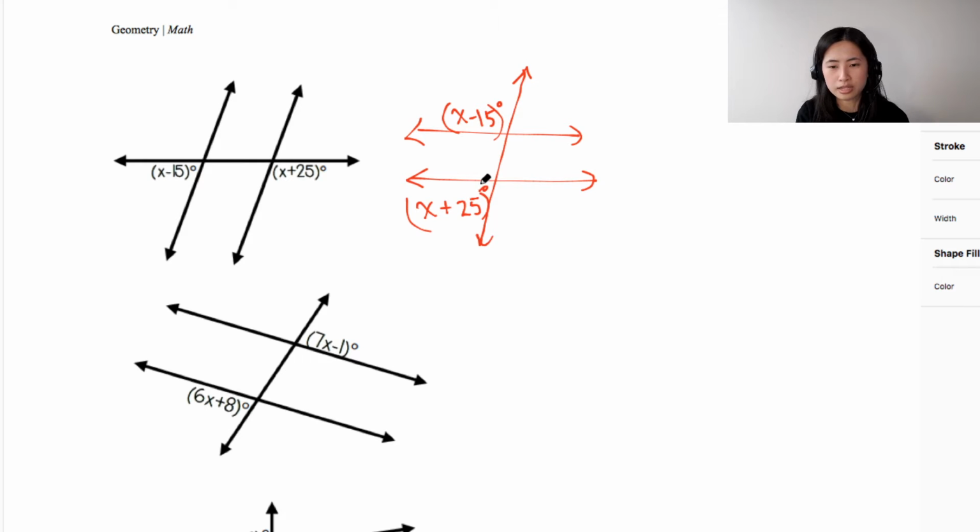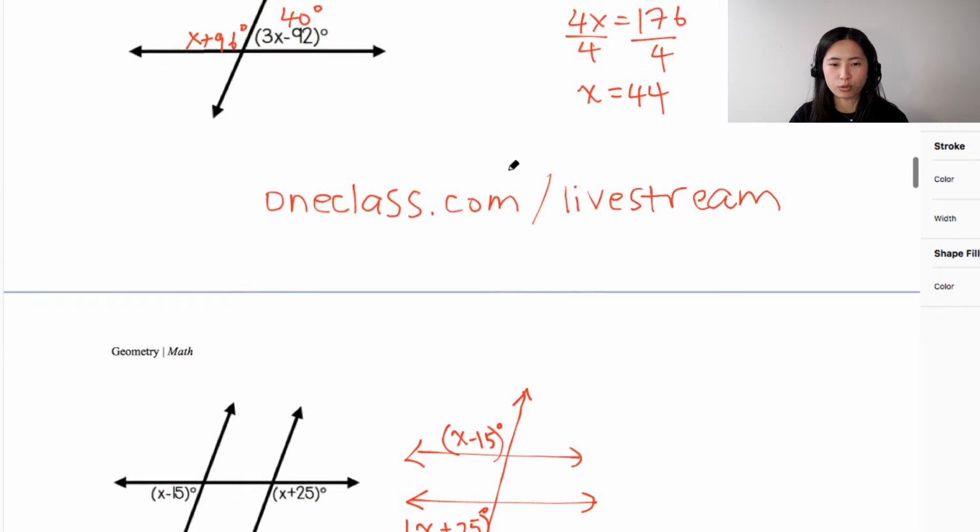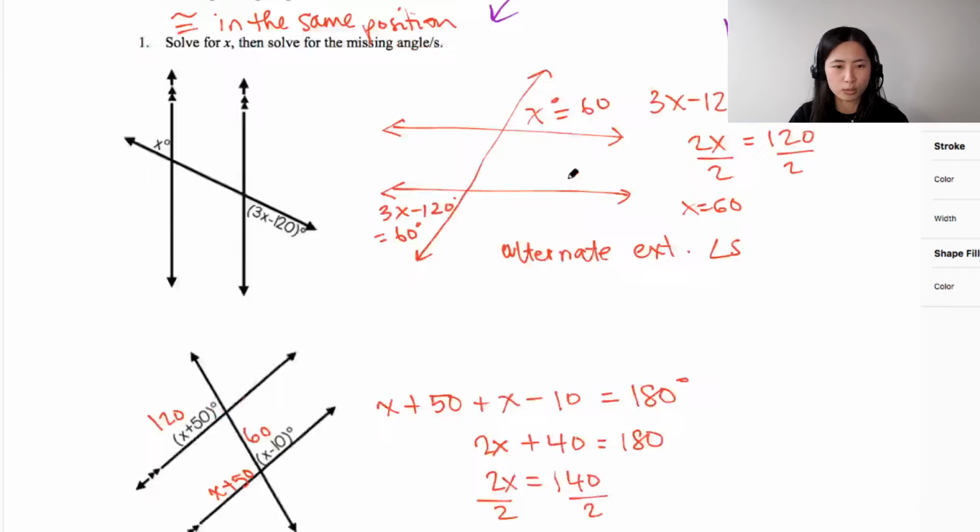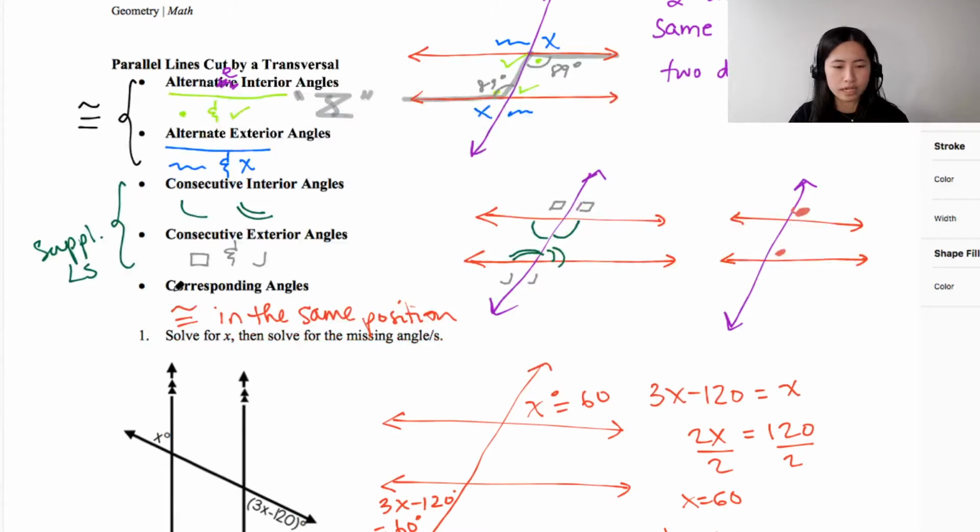Because they're on the same side of the transversal, with x minus 15 and x plus 25, what can you say about the two angles? If you're not sure, remember we talked about corresponding angles and exterior angles, but we did not have corresponding exterior angles.